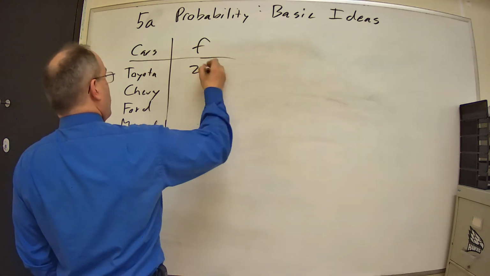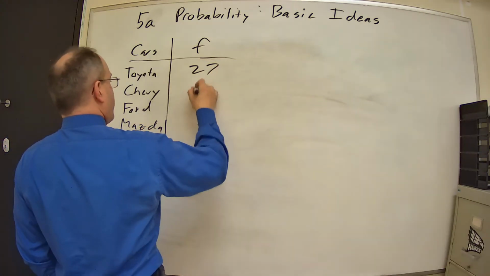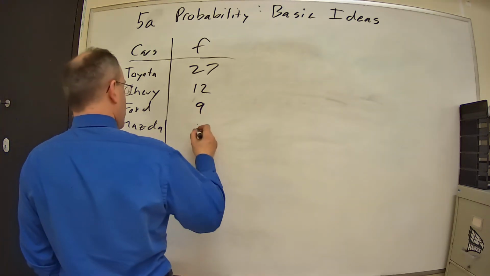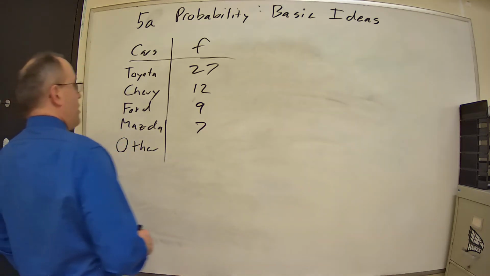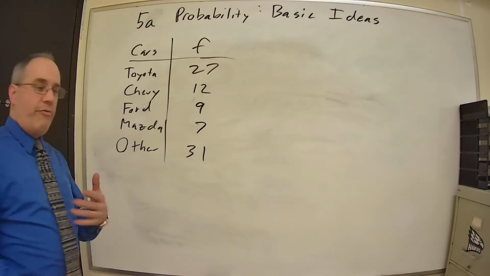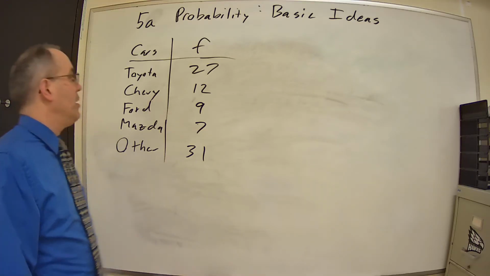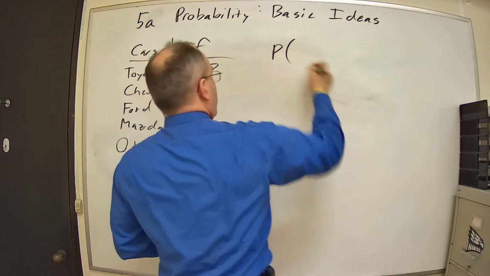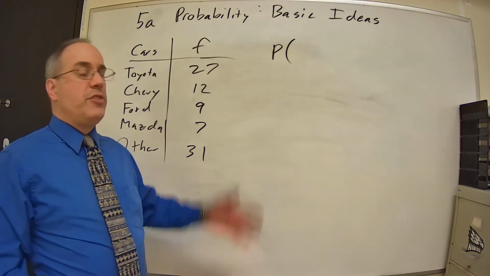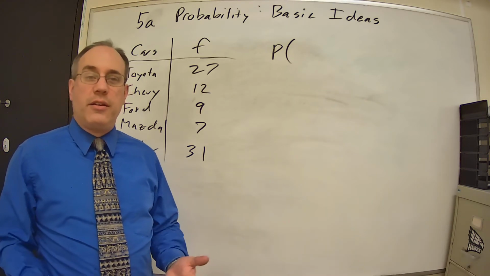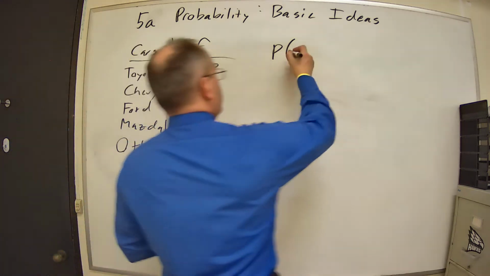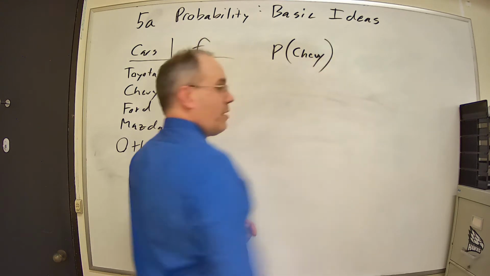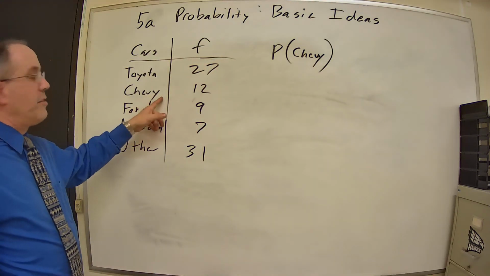And I see that there are 27 Toyotas, there's 12 Chevys, 9 Fords, 7 Mazdas, and 31 other vehicles, other makes and models. So I've got all these, and I say, what is the probability that I go out there and of these vehicles, I randomly select a Chevy?